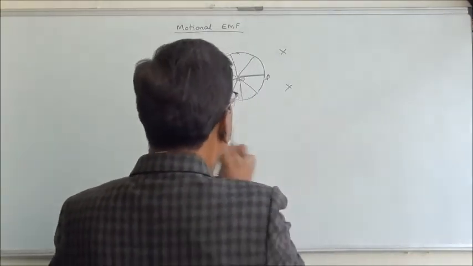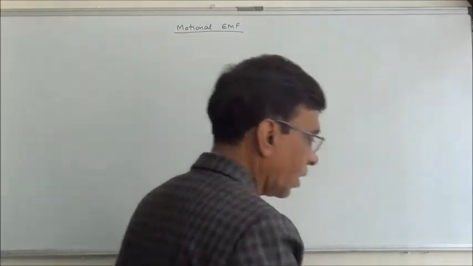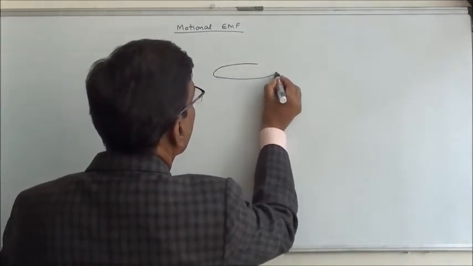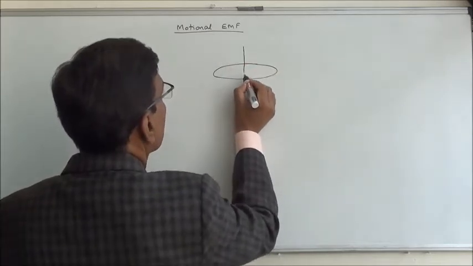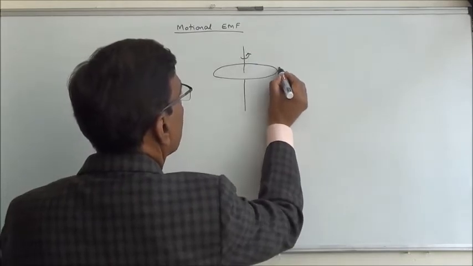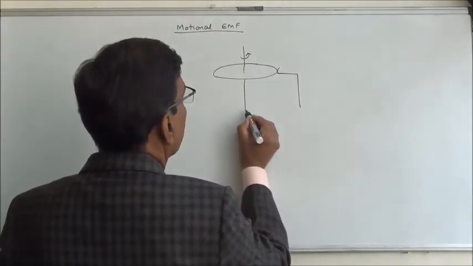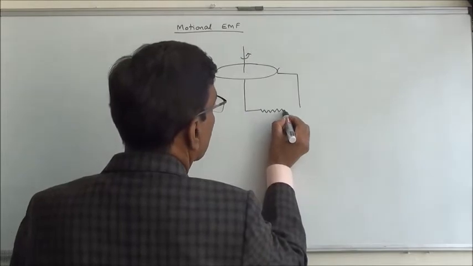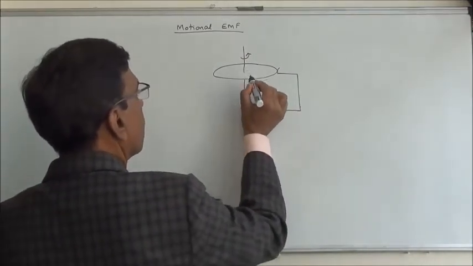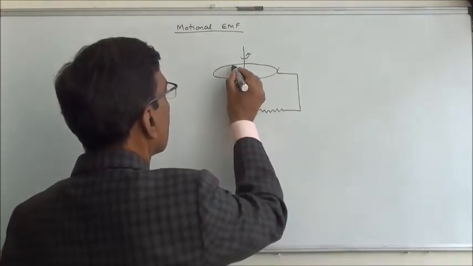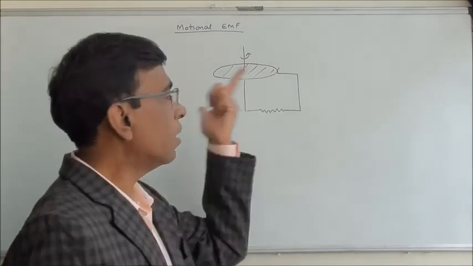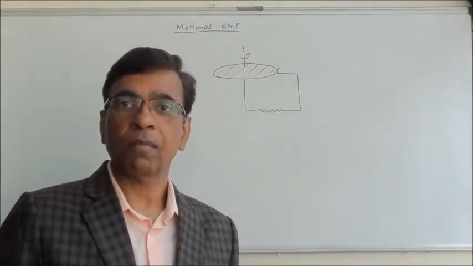Similarly, there is another problem of a disc being rotated, and if I connect a resistance, again between the axle and the rim, for this disc we find that there is an induced EMF here again.